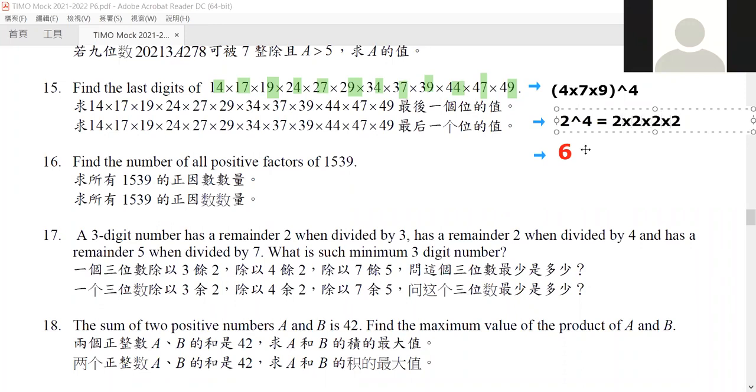If we multiply them 4 times, this is the meaning of our index, right? 2 to the power 4 is 2 times 2 times 2 times 2. We multiply it 4 times instead of 2 times 4. So this number is actually equal to 16. So the final digit is actually equal to 6.